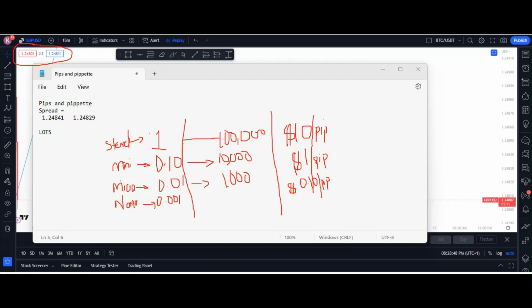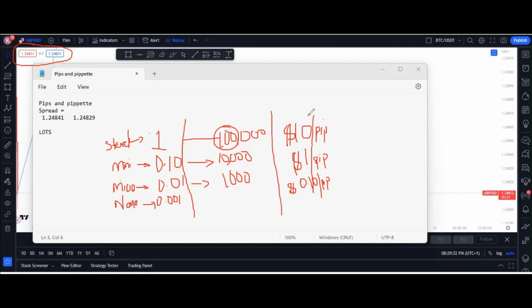You understand that to buy one standard lot on your account, say you are buying EUR/USD, you need to be able to afford 100,000 units of that thing you're buying. Your money won't be enough to place that standard lot. That is where your broker comes in and gives you leverage.